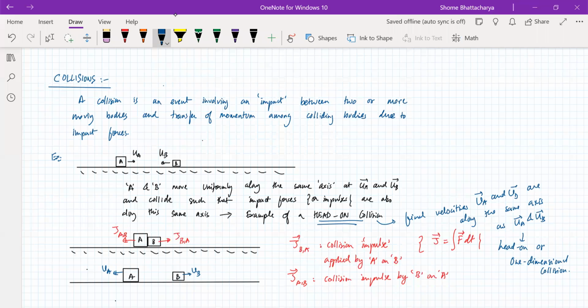Such type of an event is called a collision, and we will learn very soon that in all collisions, the total momentum of the system, that is the linear momenta of all the colliding bodies added up, is always conserved, because during the event of the collision, there is no external force. Whatever force or impulse is acting is within the system in action-reaction pair. So the net external impulse is zero. So momentum of the system is conserved.